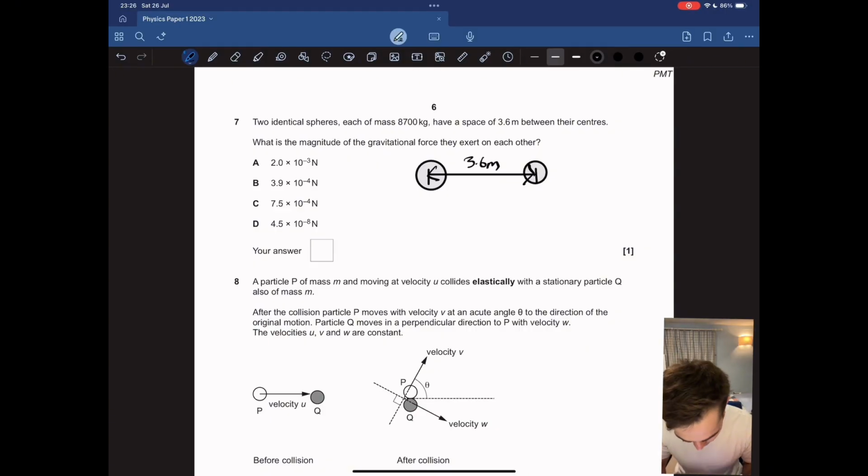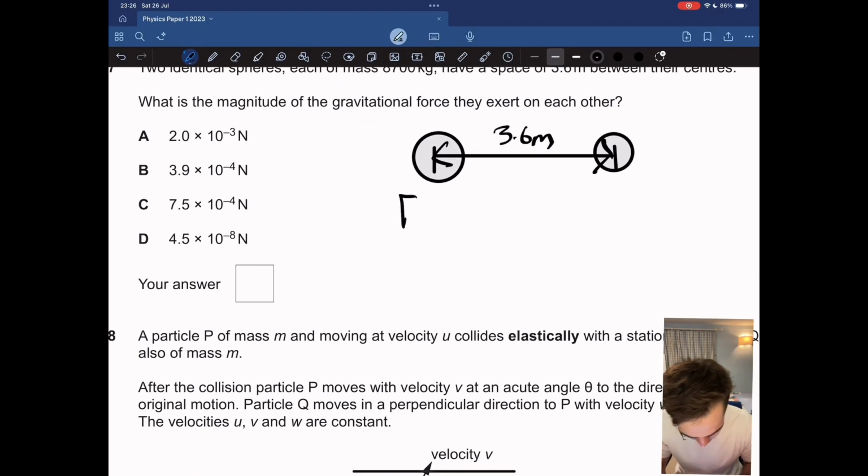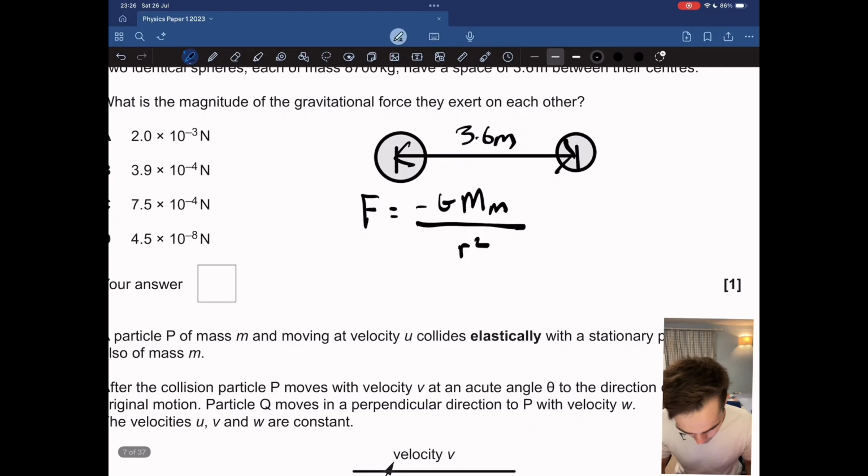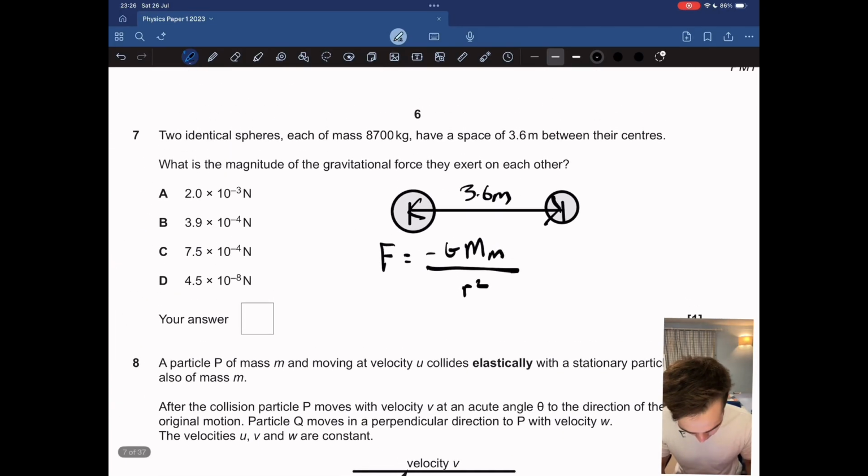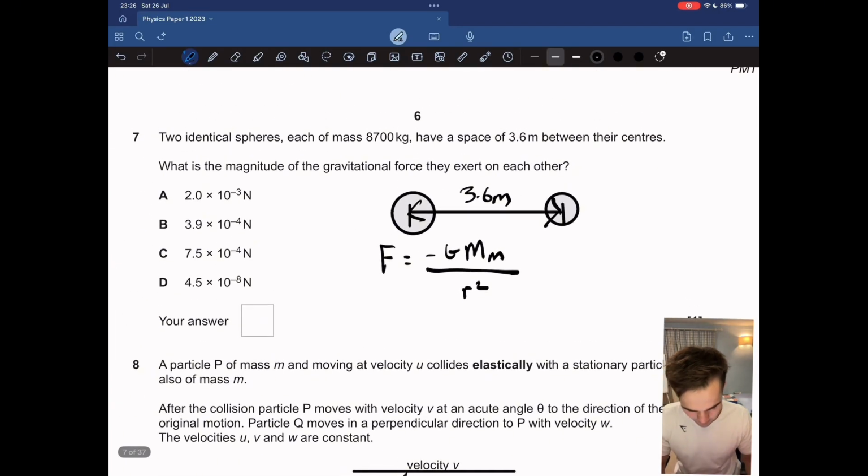What is that force? Well, our equation is F equals minus G m squared over R squared, where G is the gravitational constant. The masses are the same, and the radius is the distance between the centers of the masses.